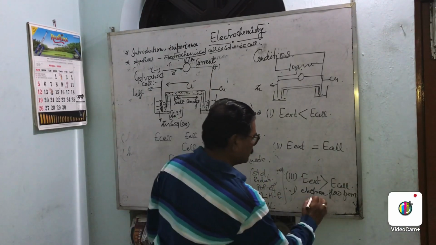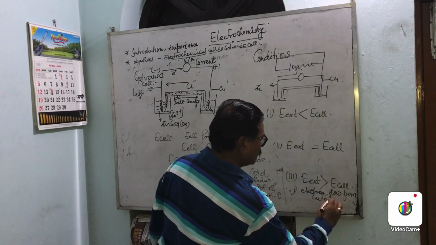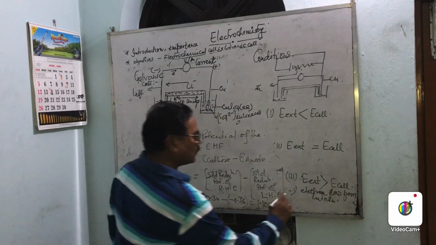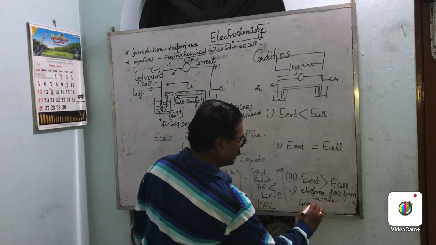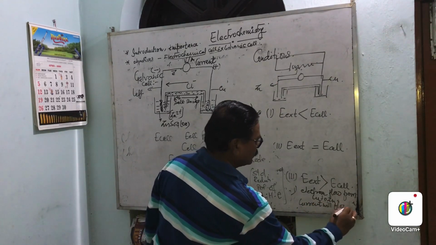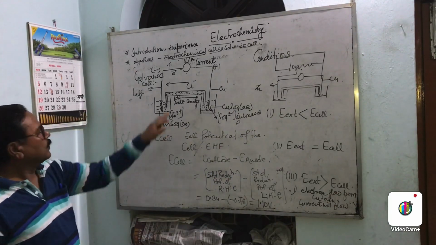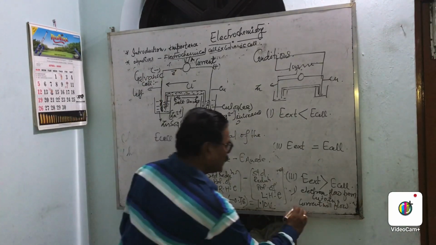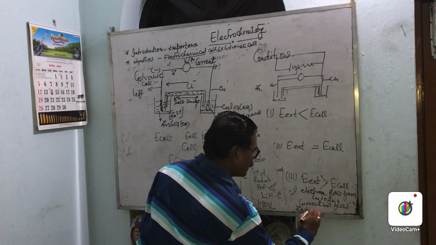Copper to zinc. Electron flows copper to zinc. Current will flow zinc to copper.